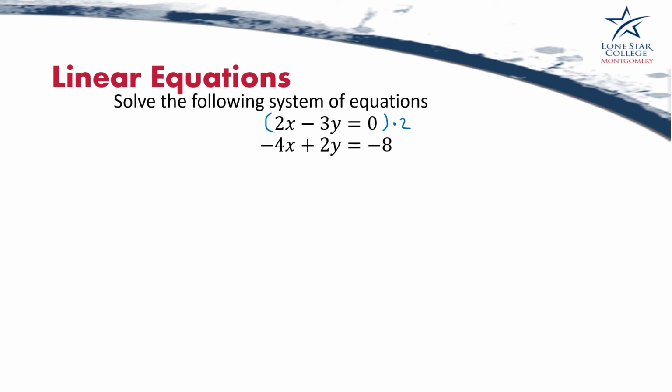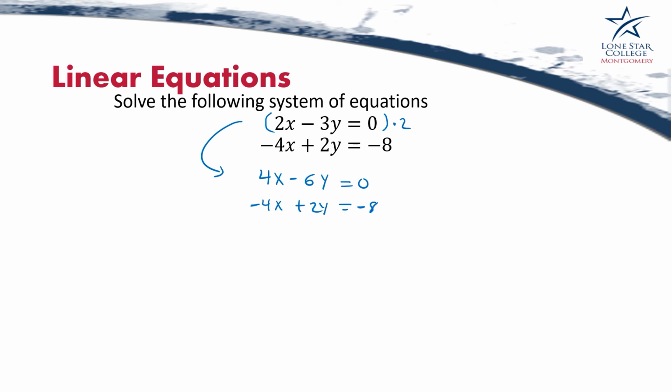We always want to analyze which would be the most advantageous variable to get rid of. So when we multiply this, we have 4x minus 6y equals 0. Make sure you multiply everything by that 2 on the first equation, and the second equation stays exactly the same.